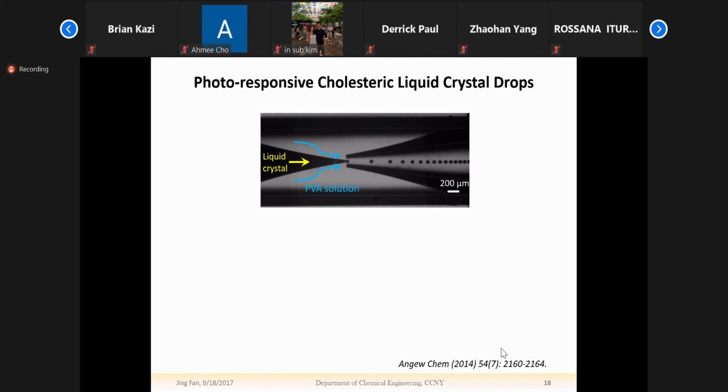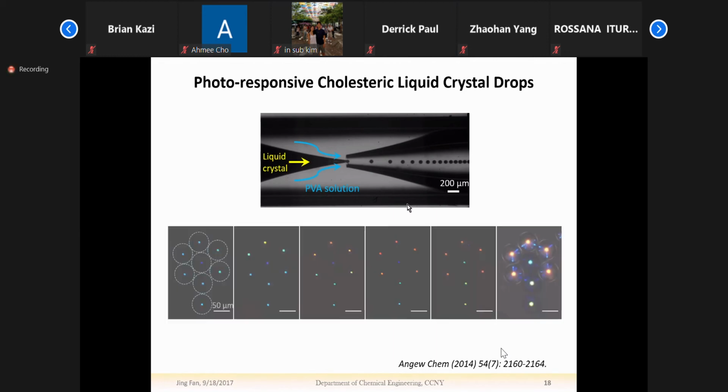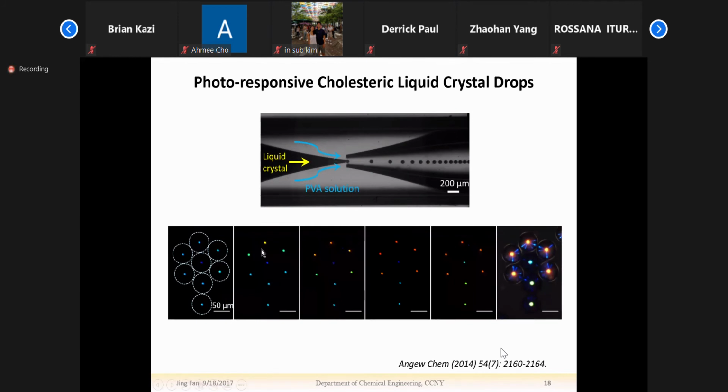Then the reflected color can recover from blue to red if you shine visible light. So basically there are two triggers. One is UV light at 300-plus nanometers. The other is visible light. By shining these two different lights, you can trigger this cycle and change the reflected light color.